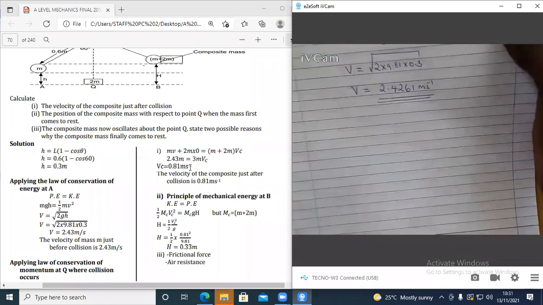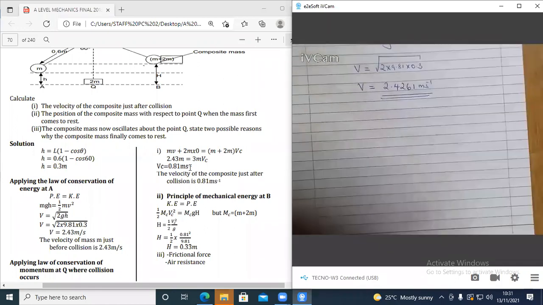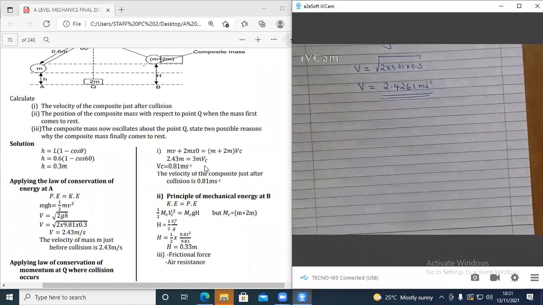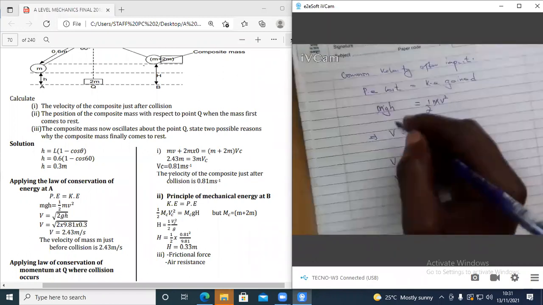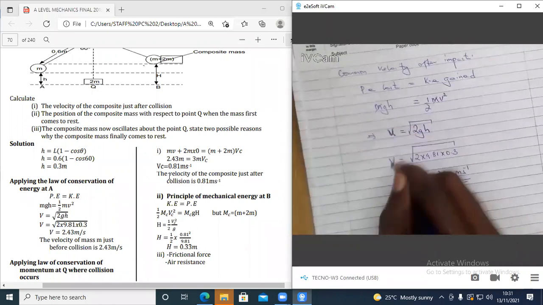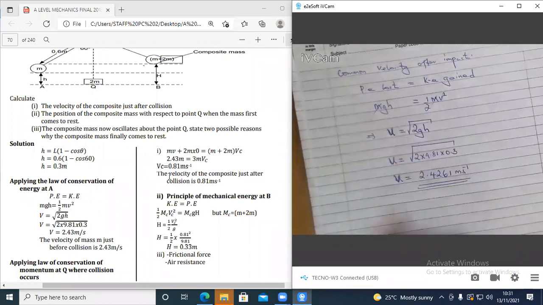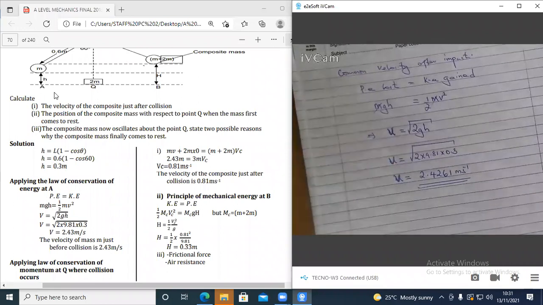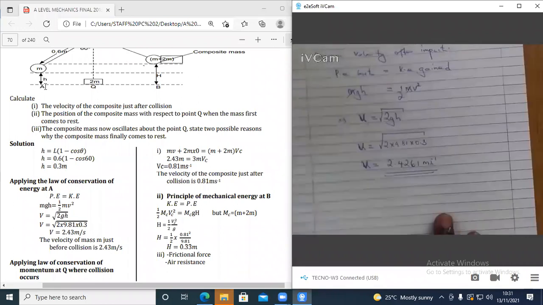We have already calculated u. So can you substitute and get us the final velocity of the combined system? This is supposed to be u, sorry, because we are using it at point A.